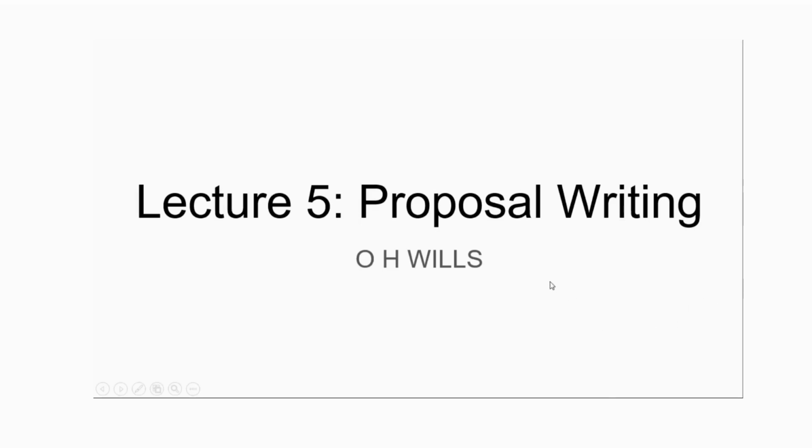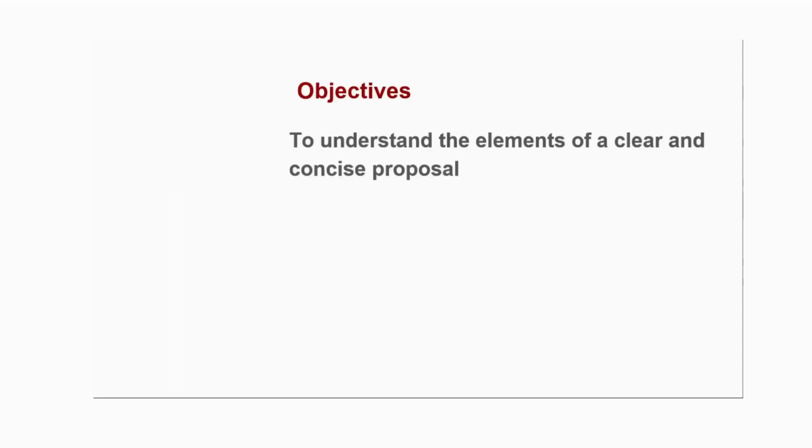Now the next step is writing a proposal that will be submitted to the funder for review, so that you can be considered for funding. So in this lecture, the objective is to help you understand the elements of a clear and concise proposal.